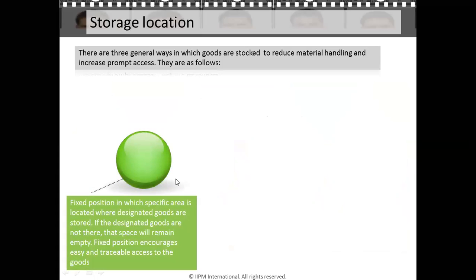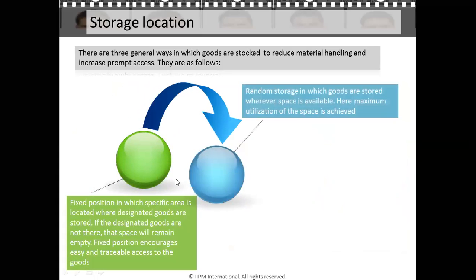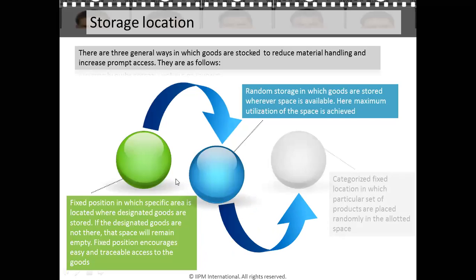Storage location. There are three general ways in which goods are stored to reduce material handling and increase prompt access. They are as follows: One, fixed position, in which a specific area is located where designated goods are stored.